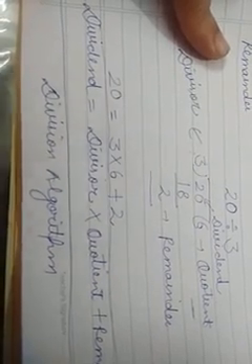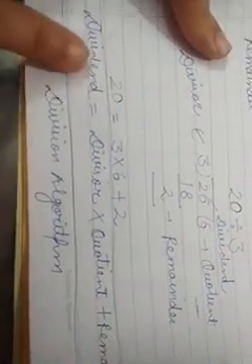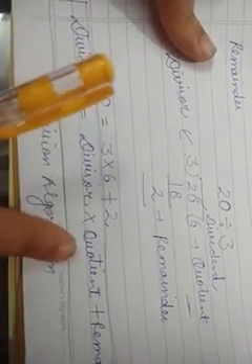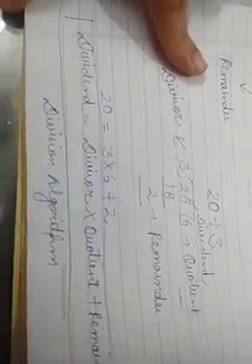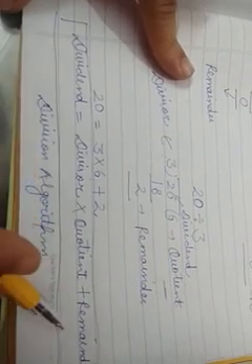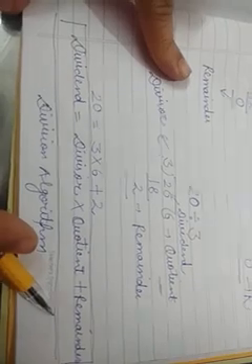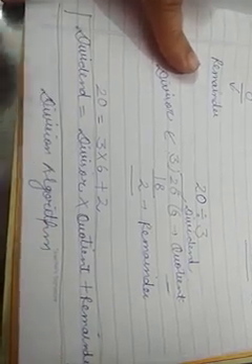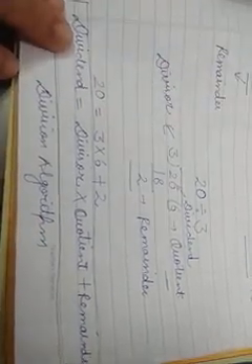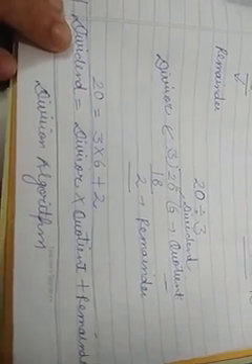In any example, if you are dividing two numbers, then you will always get dividend equals divisor into quotient plus remainder. Now, if we want to divide two polynomials, then how can we divide them?